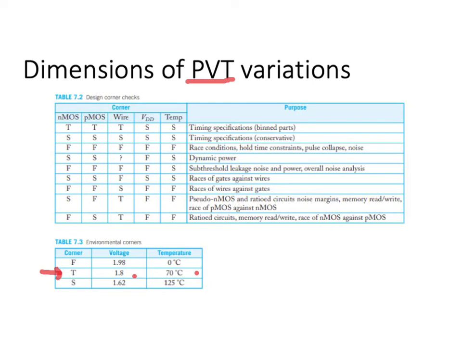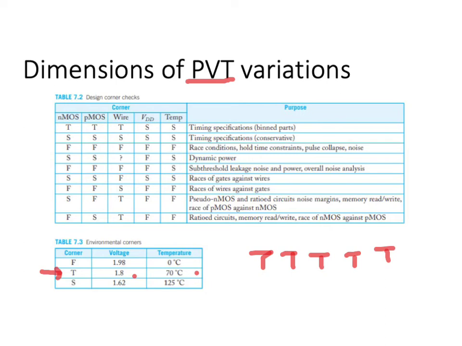So if you're talking about a TTTTT process corner, this is actually the default average anticipated performance of a typical circuit, the ideal performance if there are no process, voltage and temperature variations.